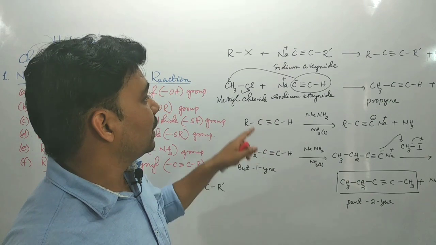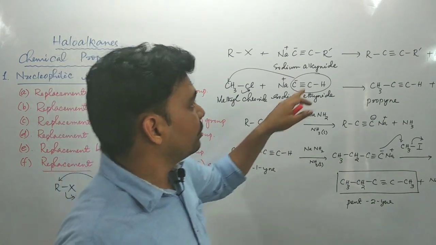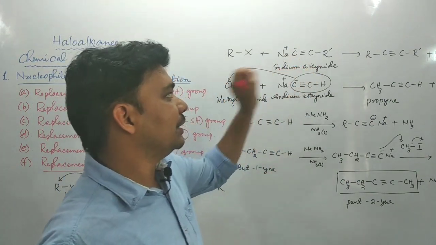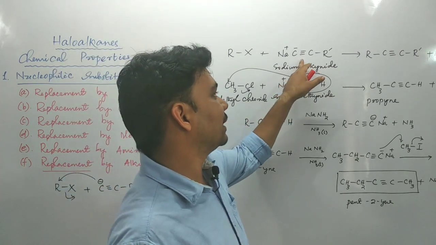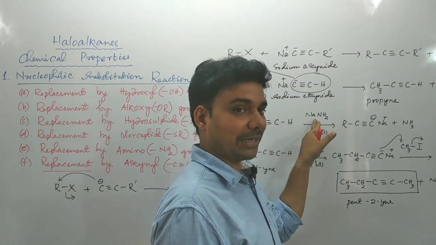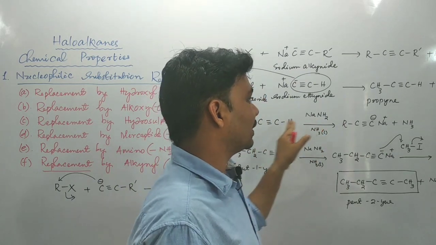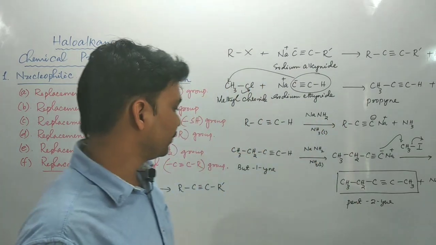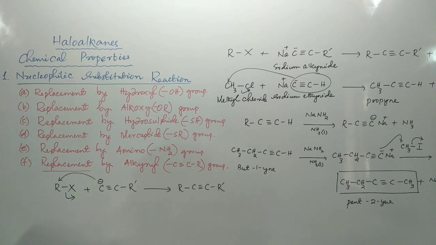This sodium alkynate, what is needed here as the reagent? This sodium alkynate may be obtained by treating a terminal alkyne with sodamide. Okay, let us take another example. Acetylene is given. This is the acetylene molecule.